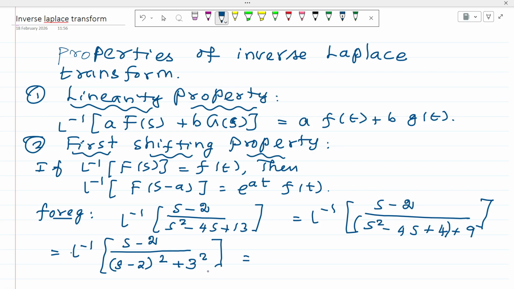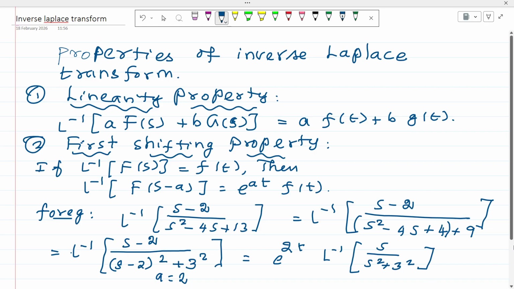So it can be written as e power 2t L inverse of s, because s minus 2 becomes only s when we multiply with e power 2t, divided by, once again the denominator s minus 2 can be written as s, so s square plus 3 square.